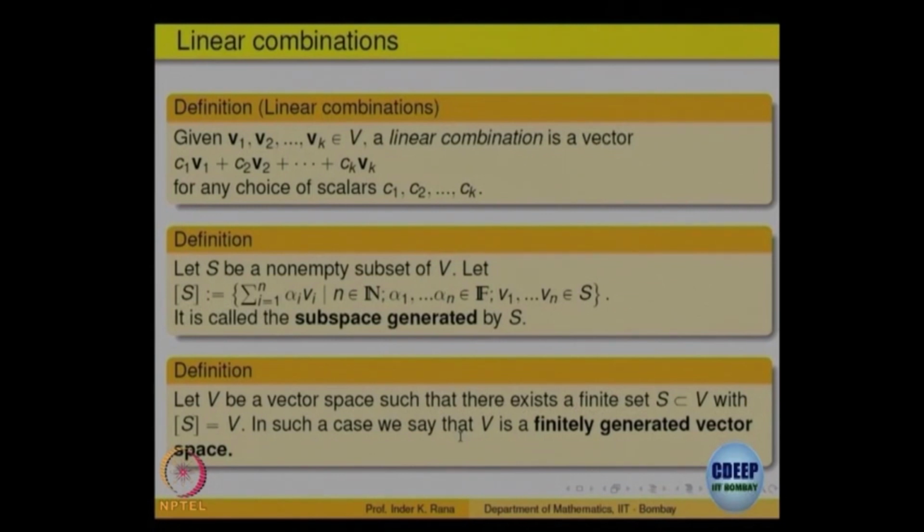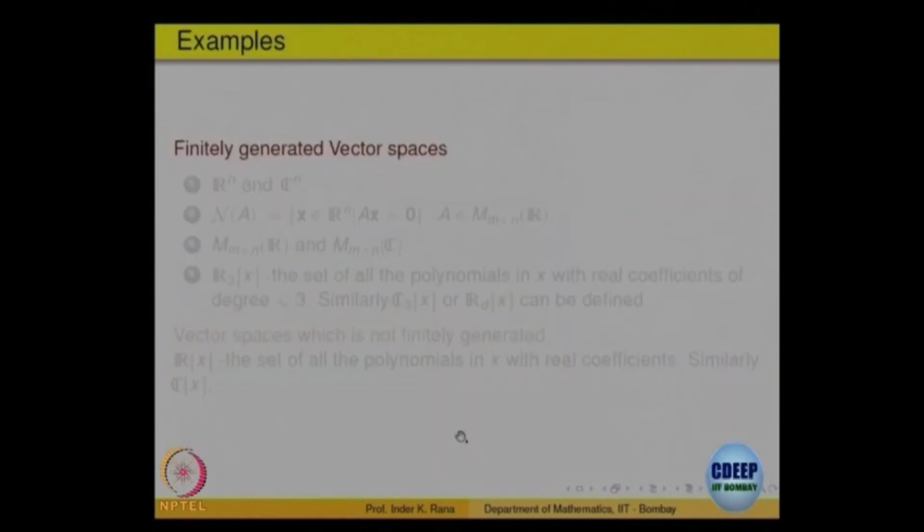That is where abstract vector spaces will start differing from your R n and subspaces of R n. So, let us look at some examples of this. R n and C n, are they finitely generated? Yes, we know that the standard basis is there: 1 0 0, 0 1 0, and so on. That is the standard basis for R n, similarly for C n.